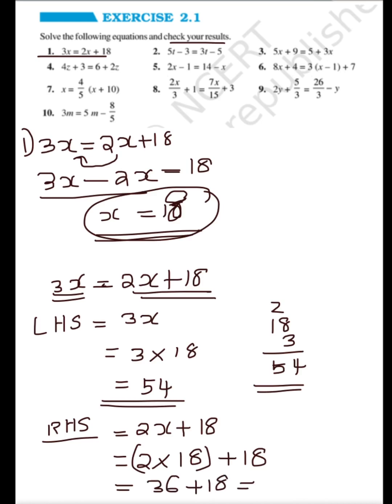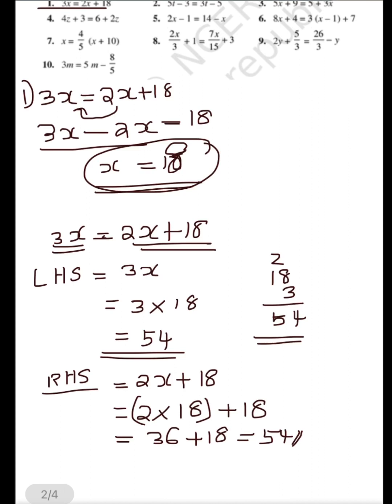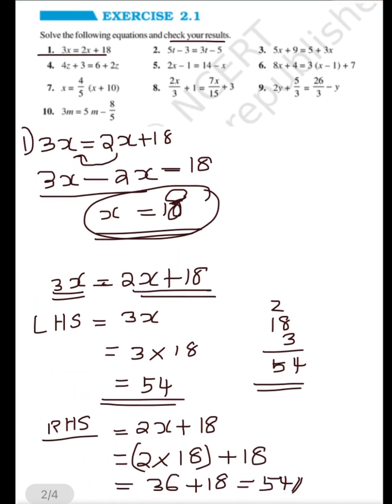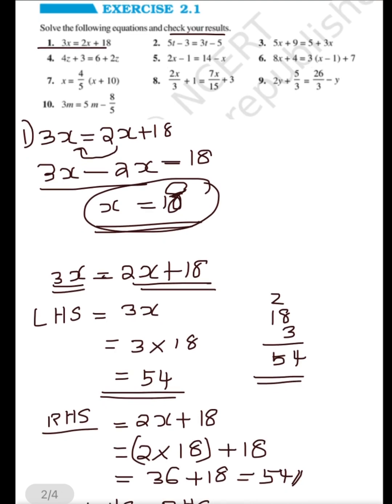What is 36 plus 18? You will see that it will be equal to 54. That means what you can say? LHS is equal to RHS. That means our solution is correct. Okay. So we have checked our result. So this is all about the first question.